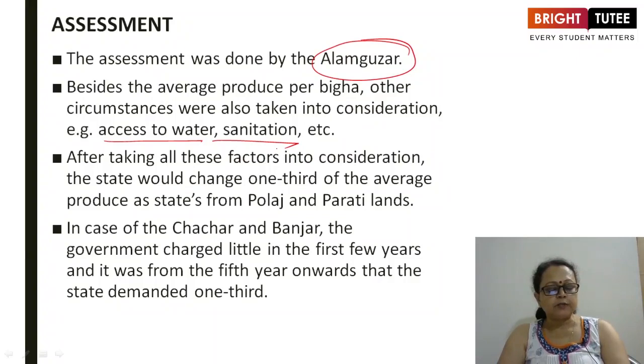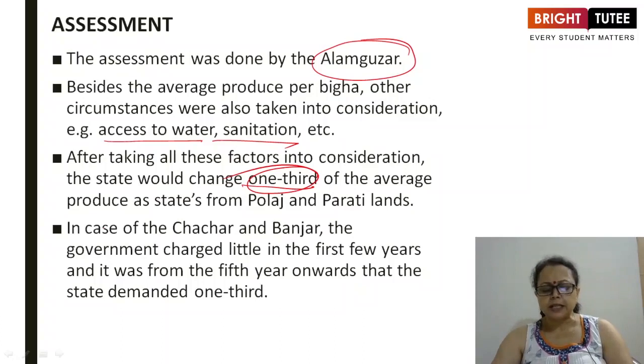After taking all these factors into consideration, the state would charge 1/3 of the average produce as state share from Polaj and the Parauti lands. This is after taking all these factors into consideration.